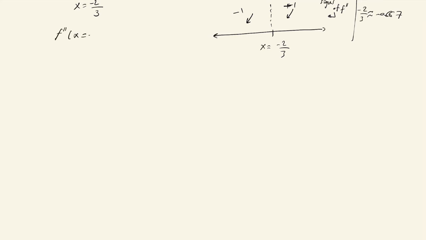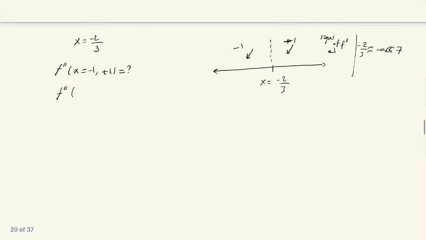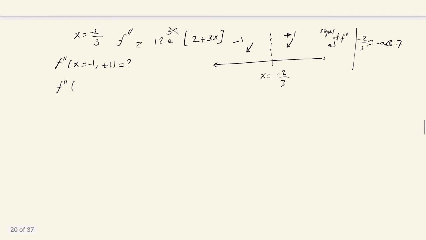Now I'm going to evaluate negative 1 and positive 1 in the second derivative. Remember the second derivative function, which is this one in here. Now for x equal to negative 1, remember the first term is always positive.